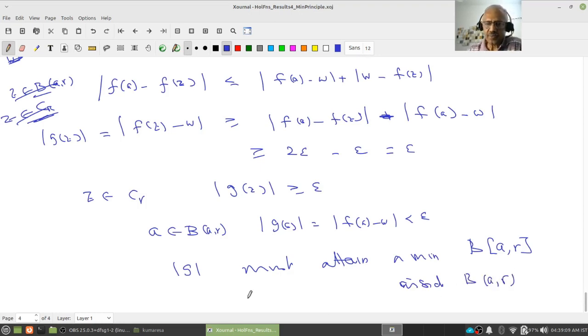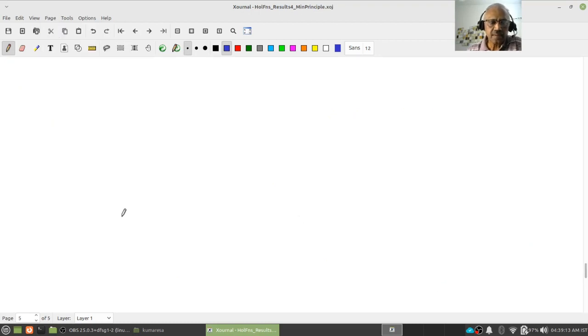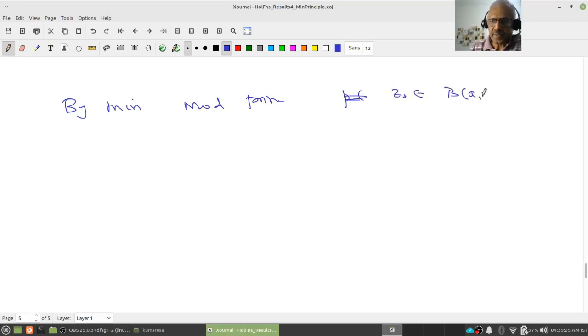Okay, but what does that mean? So by minimum modulus principle, let us say z0 is a point in BAR, then mod g z0 must be 0. That is same as saying f of z0 equal to w.